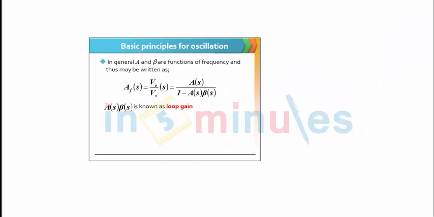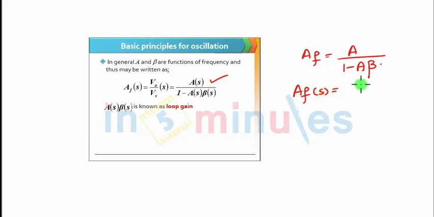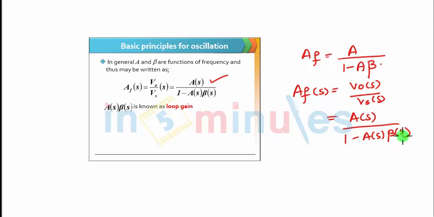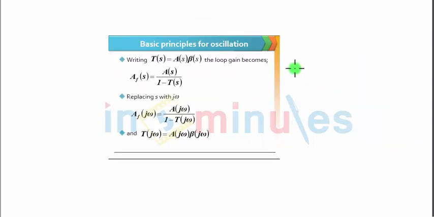Now coming to the significance of this, we can say the total gain in S domain, we can write it as A of S upon, the equation was AF equals A upon 1 minus A into beta. If we write in S domain, AF of S equals Vo of S upon Vs of S, which can be written as A of S upon 1 minus A of S into beta of S. Now if we are substituting S as j omega, that is we are transferring into the j omega domain, where omega is in radians per second.